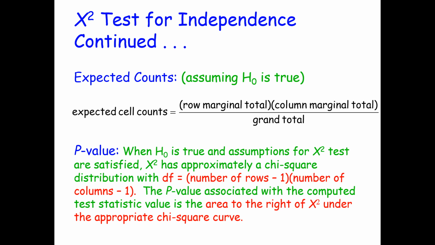And the p-value associated with the computed test statistic value is the area to the right of chi-squared under the appropriate chi-squared curve.